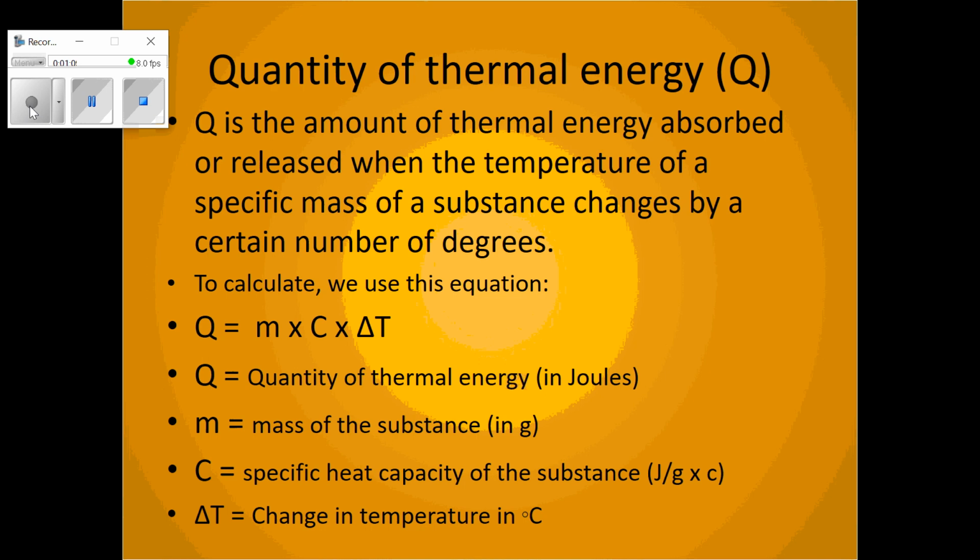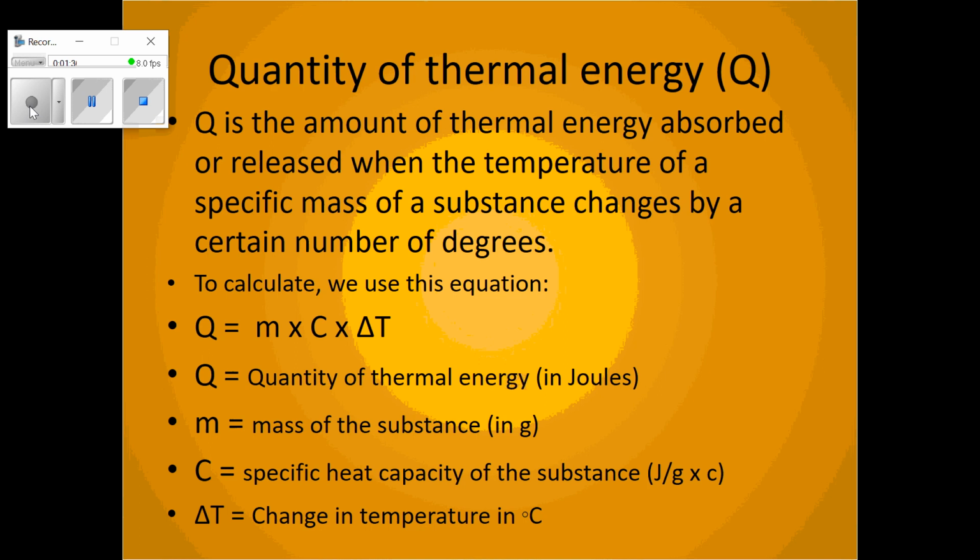The equation that we use is Q equals M times C times delta T. Q is the quantity of thermal energy in joules, the amount of energy it will require or release depending on the state of the substance.